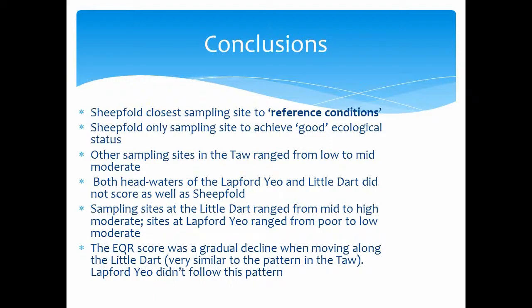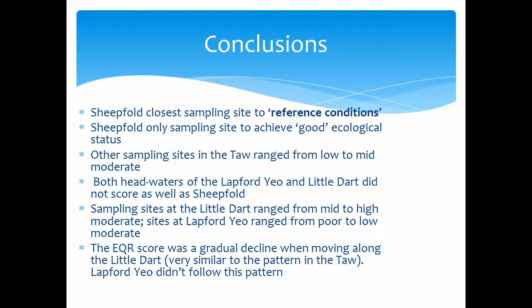Whereas all the other locations in the Tor failed to achieve that good ecological status, which is very similar to a study by Brinkhoff 2012, which showed that 74% of water bodies were failing to achieve a good ecological status by the 2015 deadline by the EU WFD.